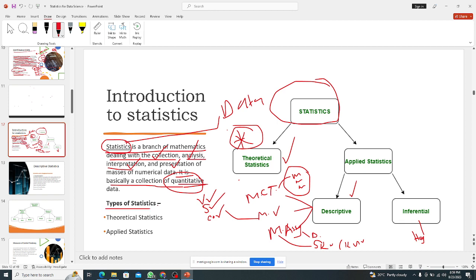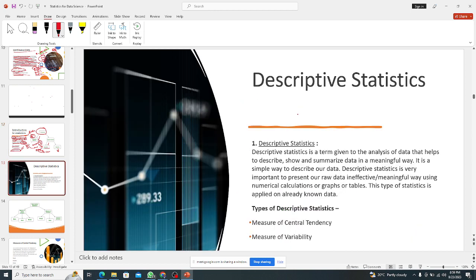So types of statistics, we have theoretical statistics and applied statistics. Let's go with applied statistics and descriptive statistics. Remember, under descriptive statistics, from the term describe, it basically gives us a summary of our data set.